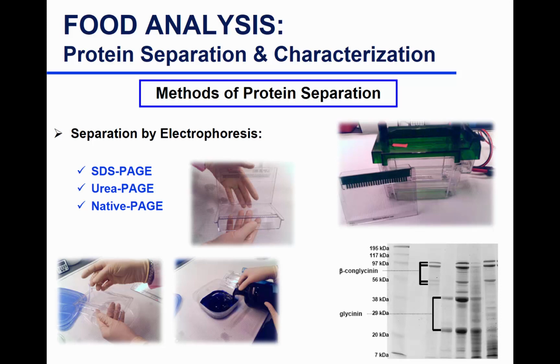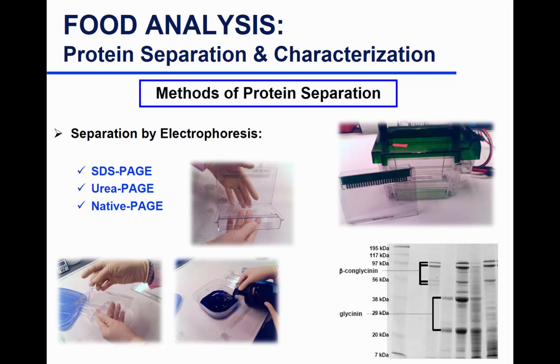Between the two layers, there's a thin layer of gel that has been formed with acrylamide, and there is a cross-linking agent that we put in there to solidify the acrylamide. Depending on the concentration of the acrylamide, the higher the concentration, the smaller the pore sizes. So with a higher concentration of acrylamide, you tend to separate proteins of smaller molecular weight.